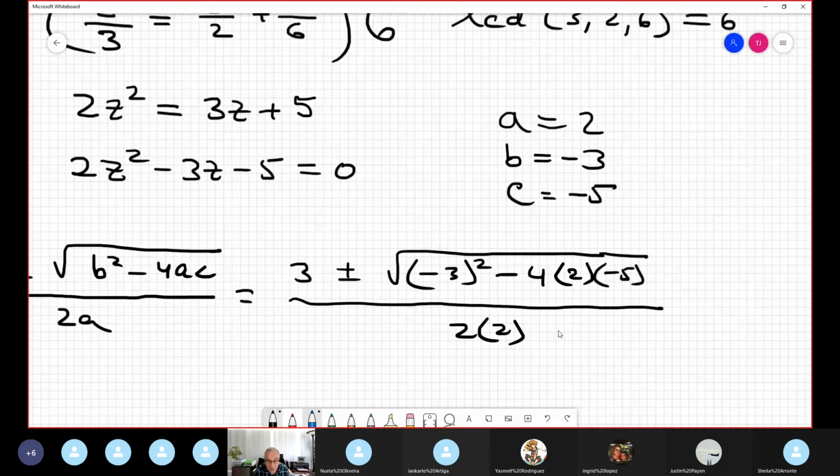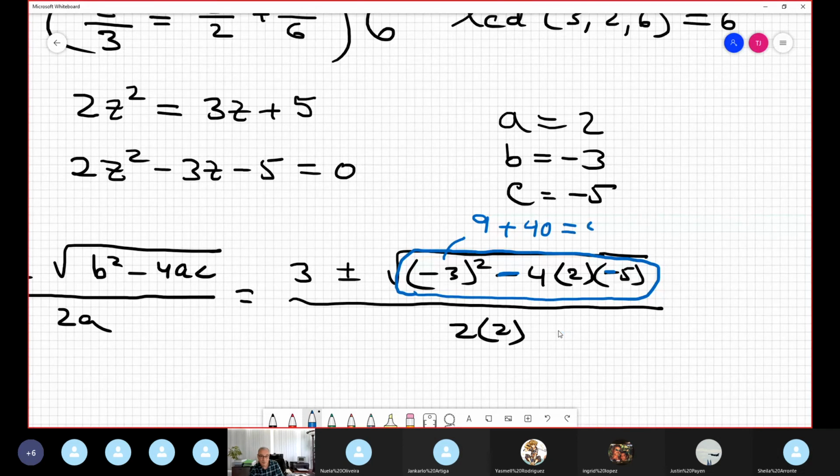It's obvious that this is 9, because a negative number raised to the second power is positive. But here we have two negatives, which become positive. Be careful. And this is 8 times 5, 40, 49. And the square root of 49 is 7. Easy.